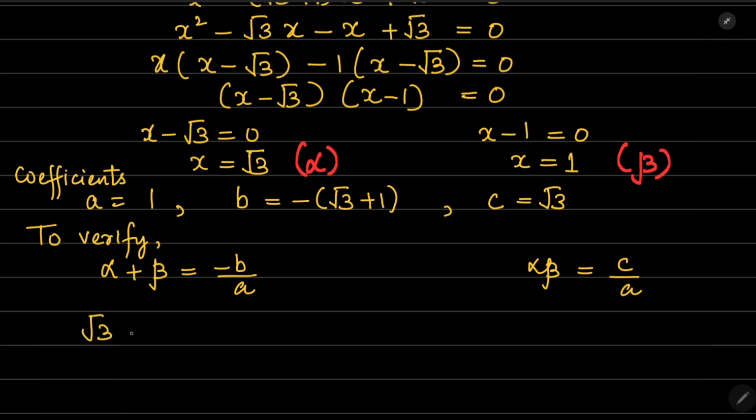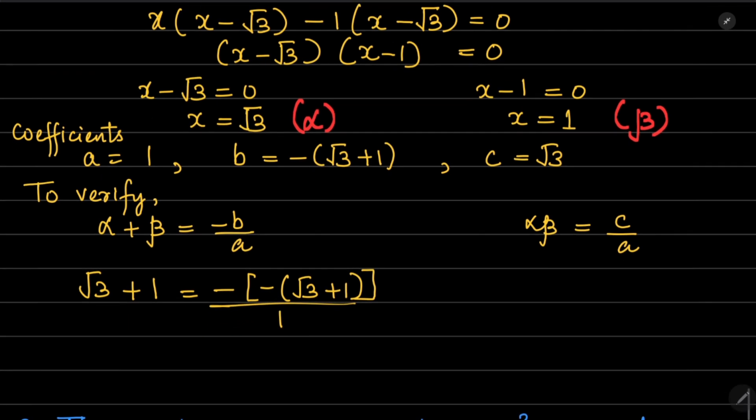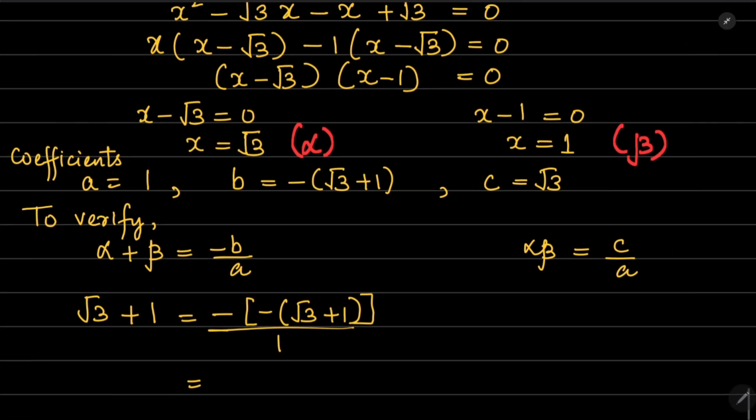Root 3 plus 1 is equal to minus of, what is your B? B is minus of (root 3 plus 1), whole divided by A, which is 1. So minus into minus is again plus. So you'll have root 3 plus 1. So root 3 plus 1 is equal to root 3 plus 1.